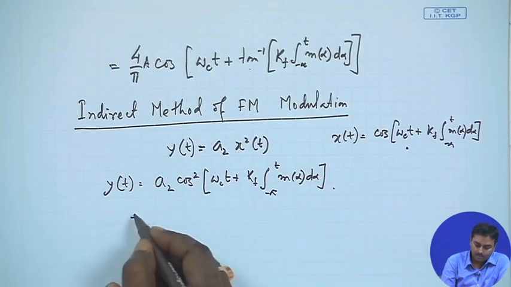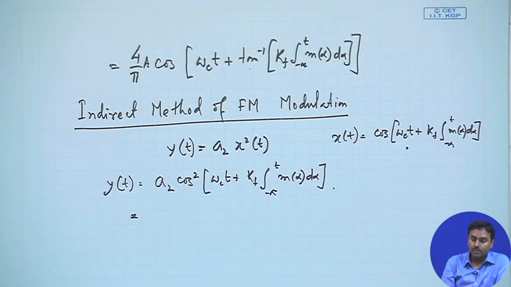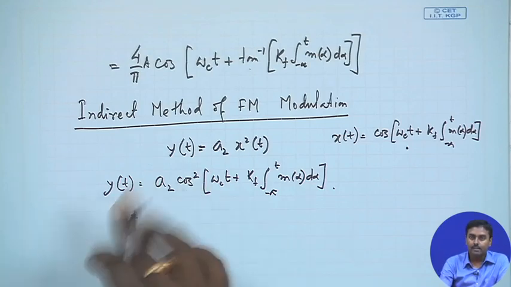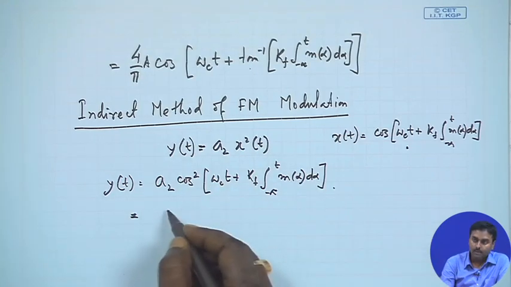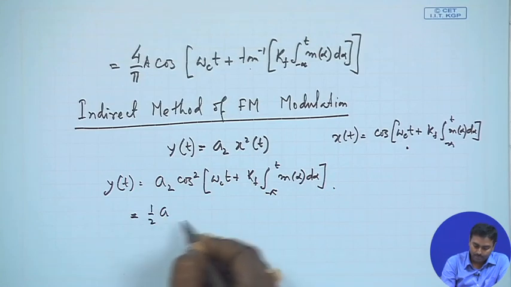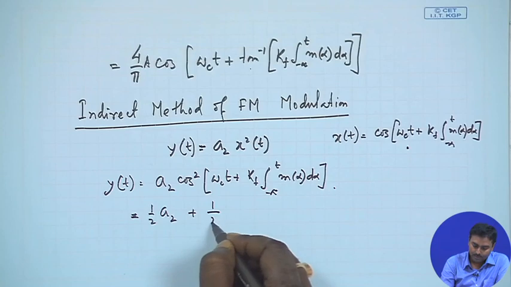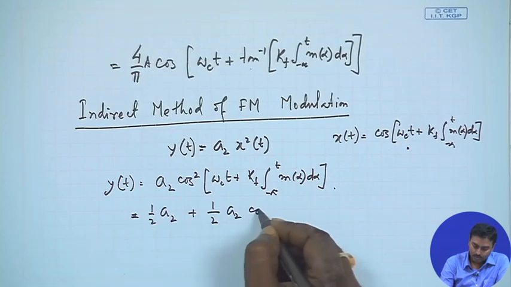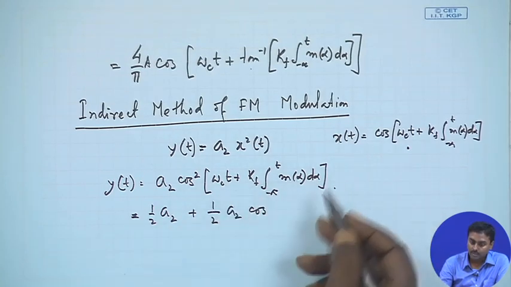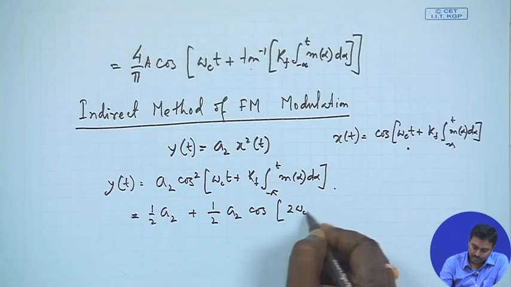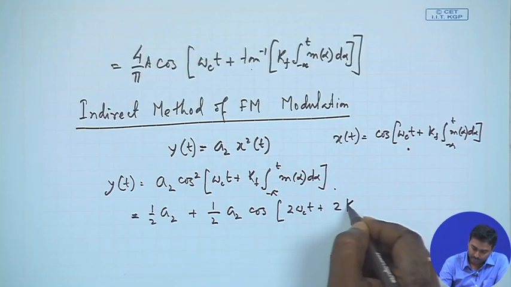Right. So, immediately what I can do, because it is cos square, I can have two terms. One will be half A2, plus there will be another term which is half A2 cos 2 of this. So, I will get 2 omega ct plus 2 kf.